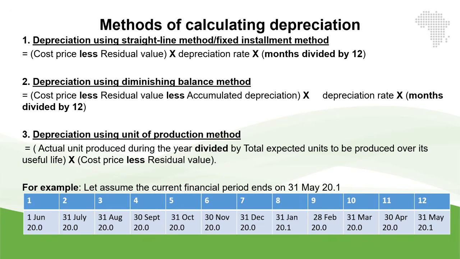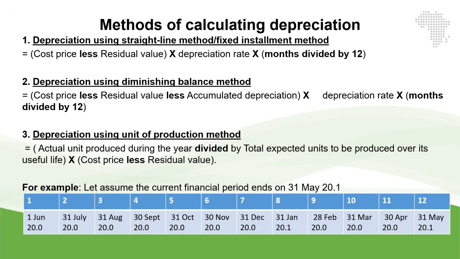So applying this method, let's say, for example, if we are using a straight line method or diminishing balance method, if the asset was purchased on the 1st of January 20.1, we know that it was with us for January, February, March, April, May. It was only with us for 5 months. To apply the straight line method or diminishing balance method, you're going to say 5 divided by 12, because it was available for use from the 1st of January up to 31st May 20.1.